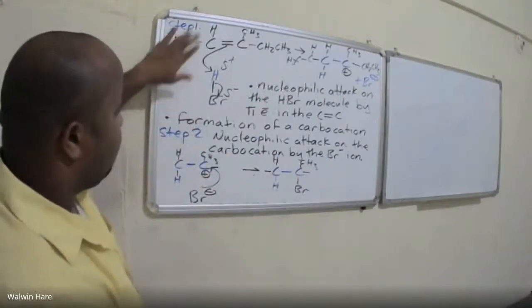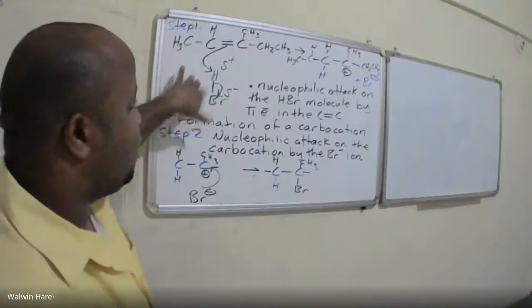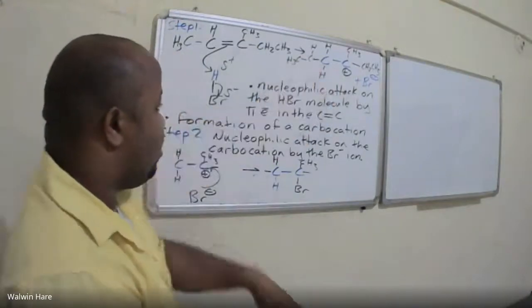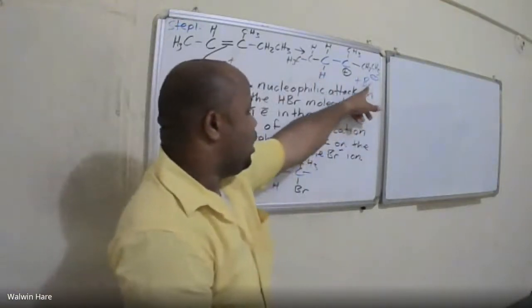Alright, so step 1, nucleophilic attack on HBr to get the carbocation and the bromide ion.